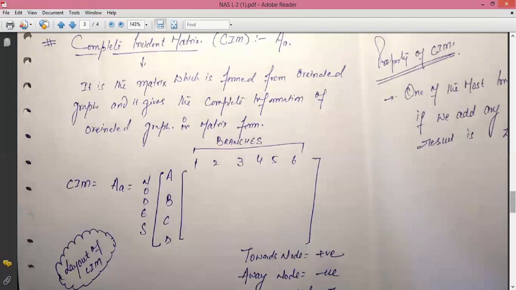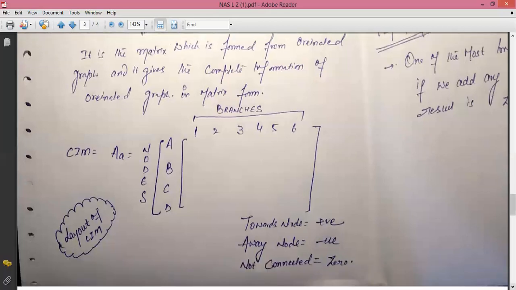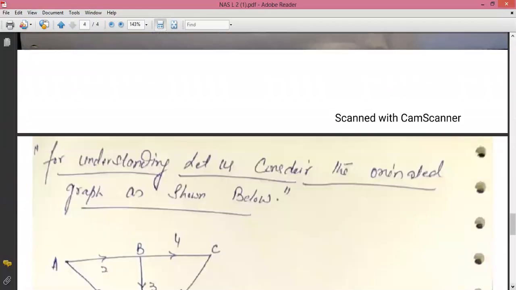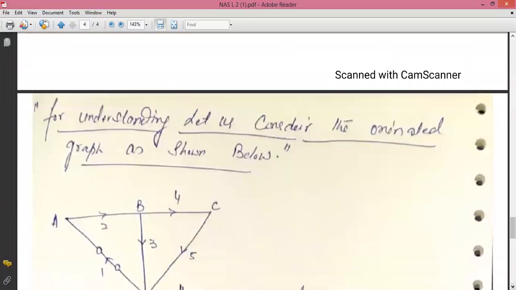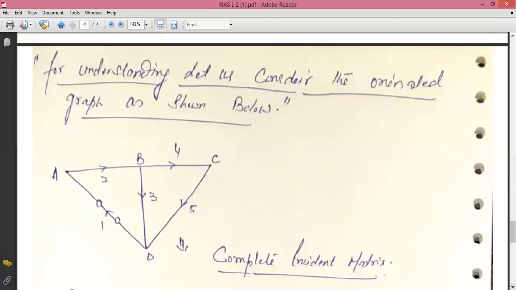And there is one more important rule in CIM: towards the node positive, away from the node negative, and not connected is equal to 0. So this is the layout of CIM. Now I can explain how this complete incident matrix can be obtained from the oriented graph.